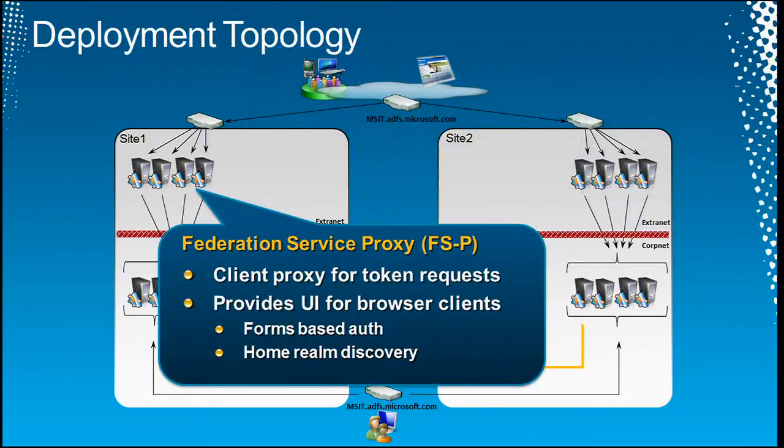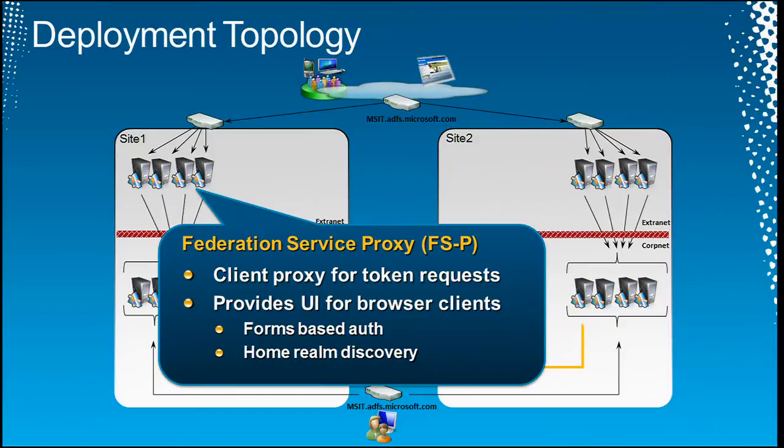Federation server does all the work, FSP gets all the credit, because the FSP is what your clients see if you've deployed the FSP onto your internet-facing infrastructure. So the FSP creates a client proxy for your token requests.